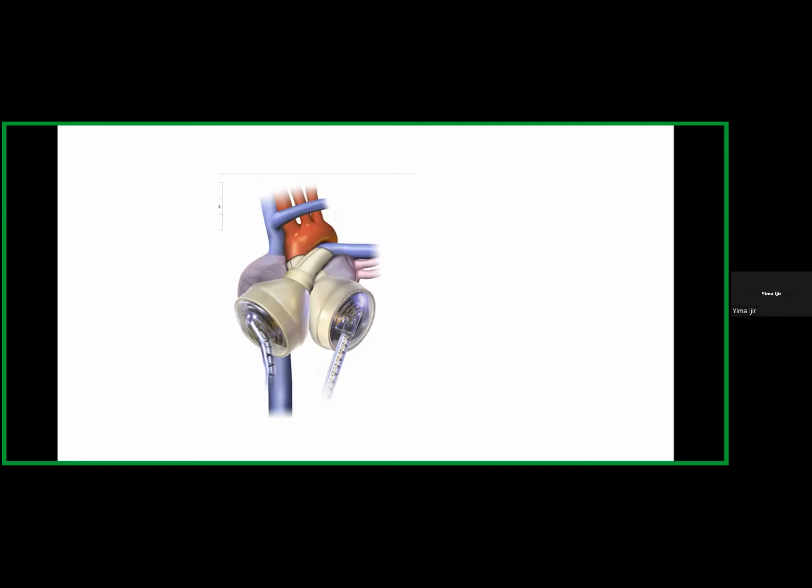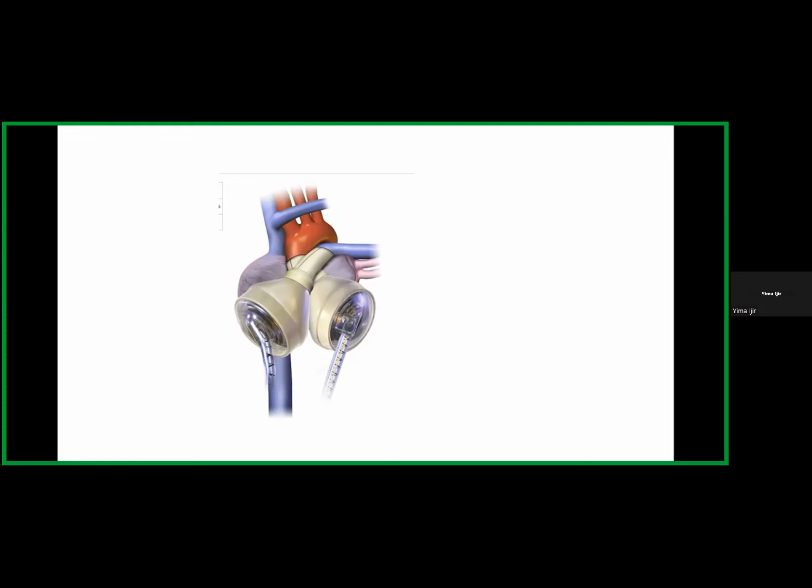So there are also forms of MCS, mechanical circulatory support devices. You can classify them based on several parameters: based on the duration of use, short term, intermediate, long term; based on the ventricle being supported; and sometimes based on the indication for the device. There are many ways you can classify or divide these MCS devices.